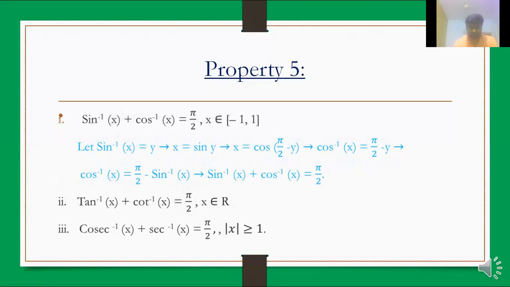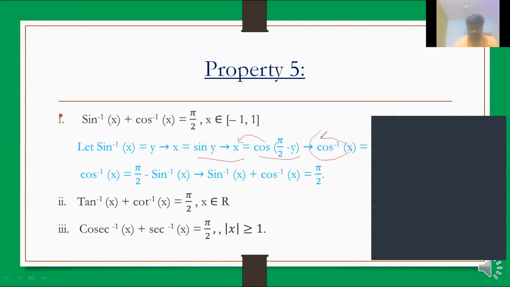Sine inverse of x, we are taking it as y. From this, what about the x value? Sine y. Sine y means I can write cos of 90 minus y, that is pi by 2 minus y. So now cos inverse of x equals pi by 2 minus y.